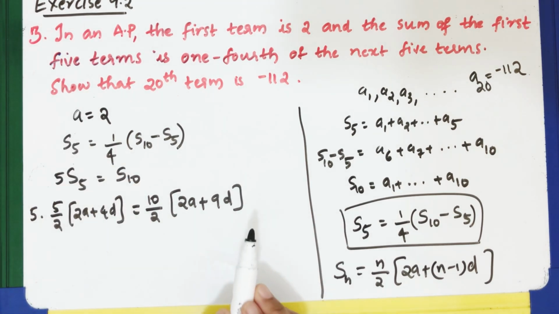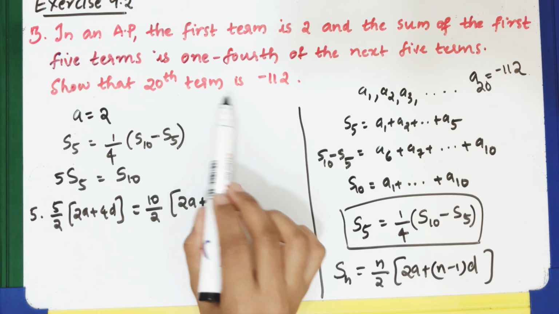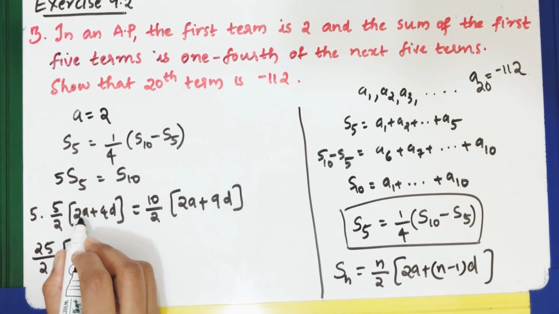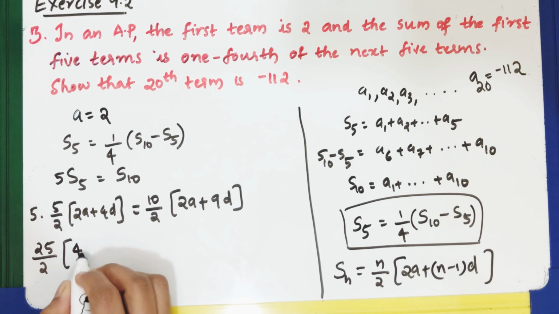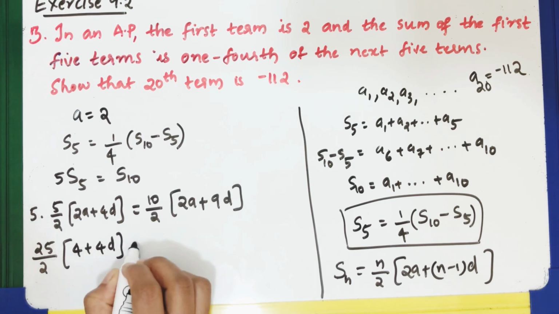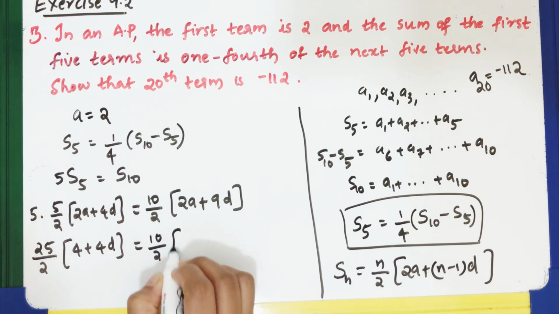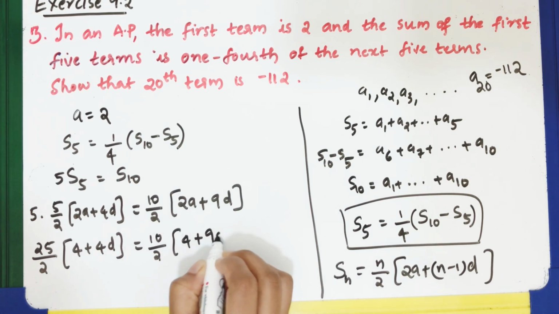Solving this, we will get the common difference. Then it's easy to find the 20th term. Here this is 25 by 2 into (2 into 2, which is 4, plus 4d) is equal to 10 by 2 into (4 plus 9d).